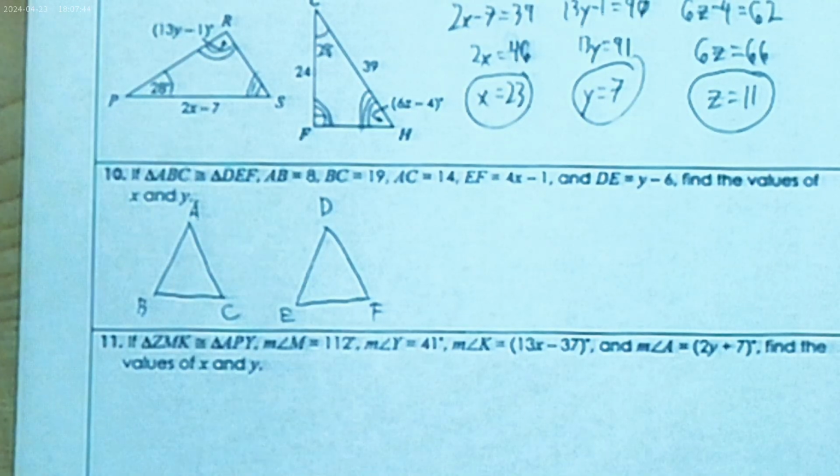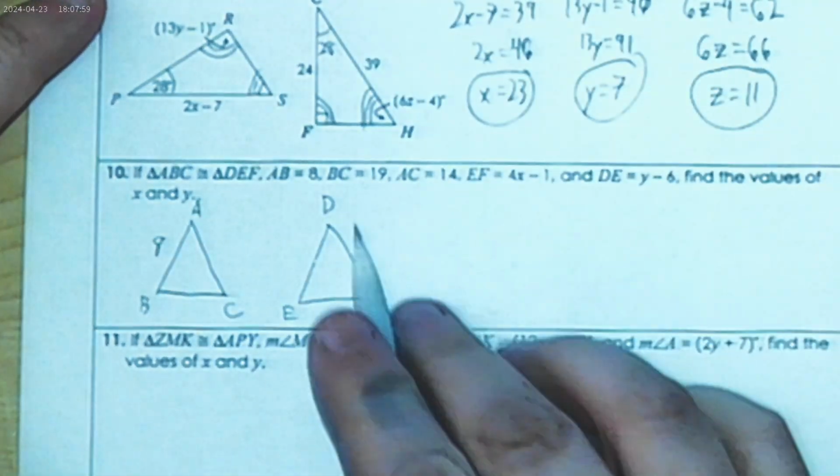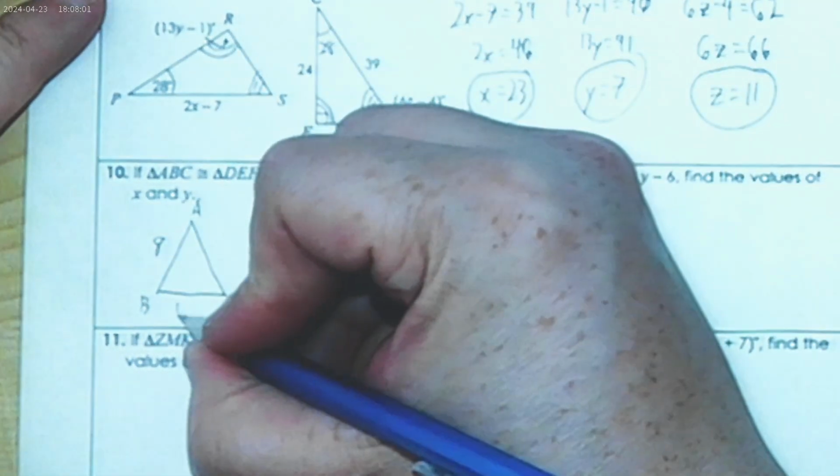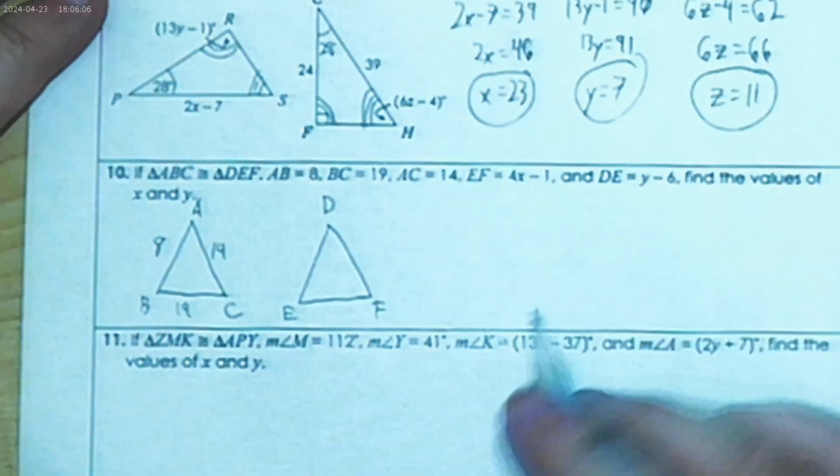All the reference sides are in the right place. There's no mystery. A is where D is, B is where E is, C is where F is. We're in great shape. AB is equal to 8. BC equals 19. AC is 14.